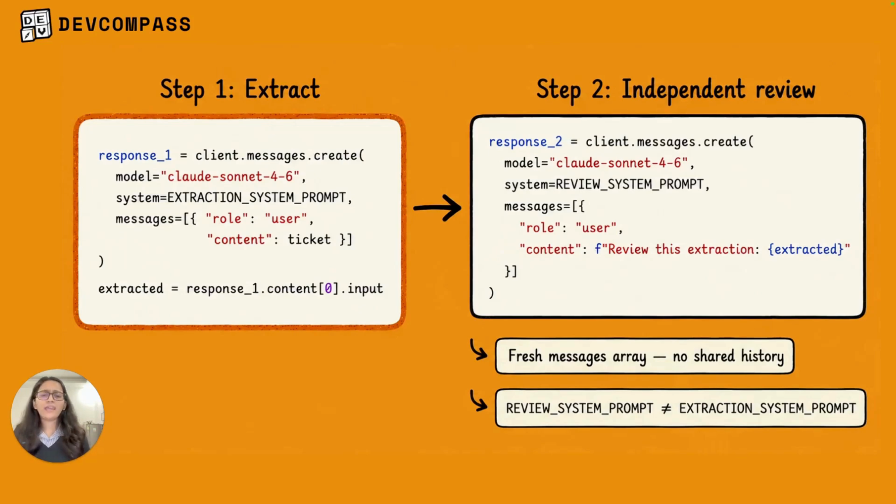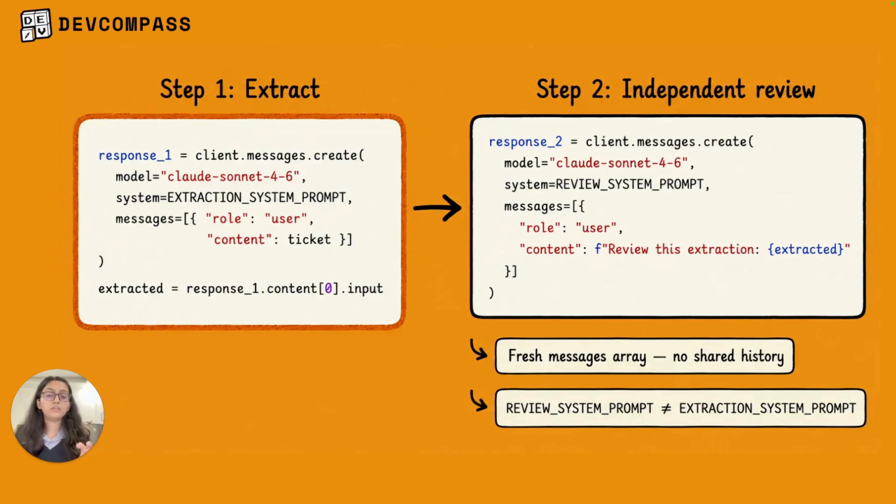Now, why are we using different prompts? If the reviewer's system prompt includes the original extraction schema, the reviewer may be too lenient. It may think, Claude was trying to extract with these constraints, so null here is probably fine. The reviewer should evaluate the output on its own merits, not relative to what the extractor was attempting.